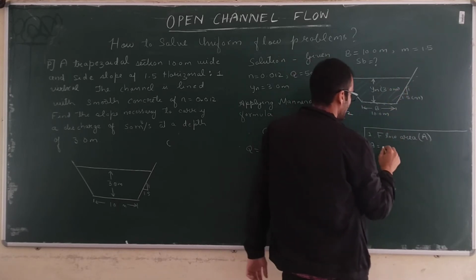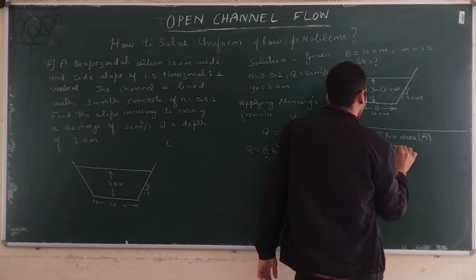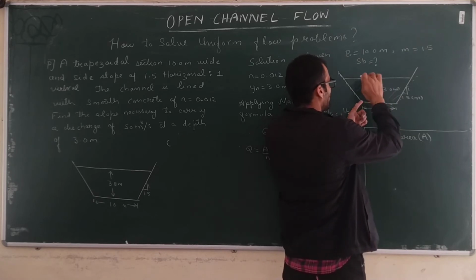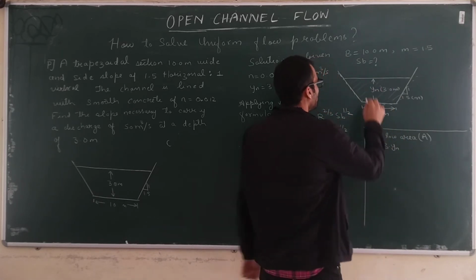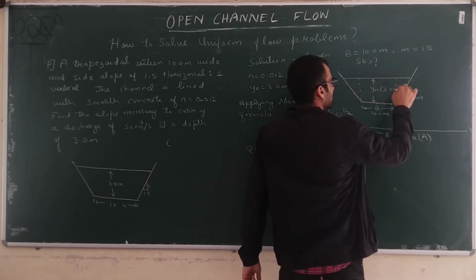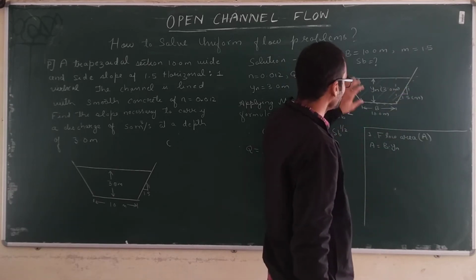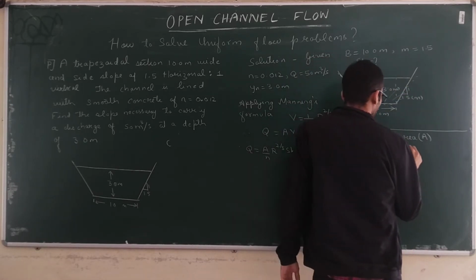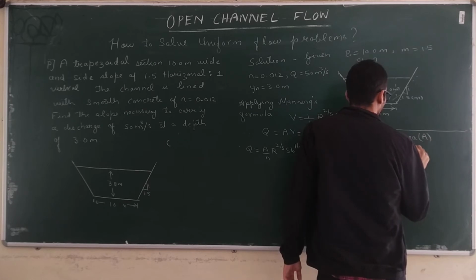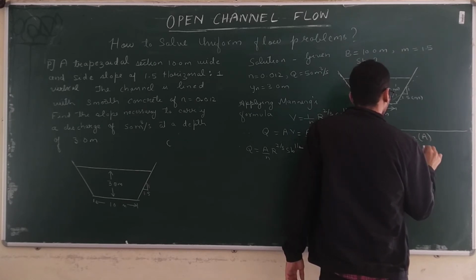Area of the rectangle is B into y_n, base into height. Then we are left with these two triangles.